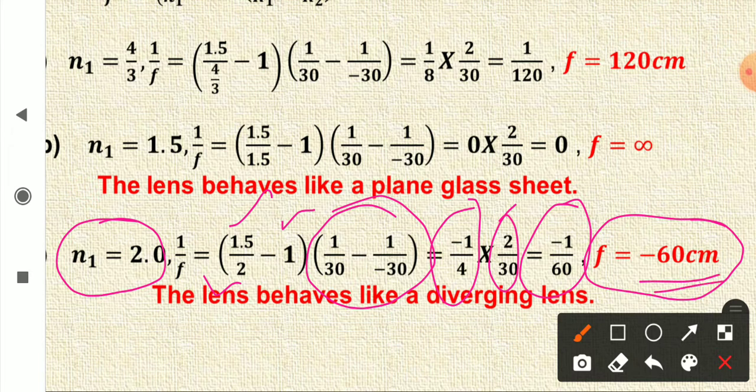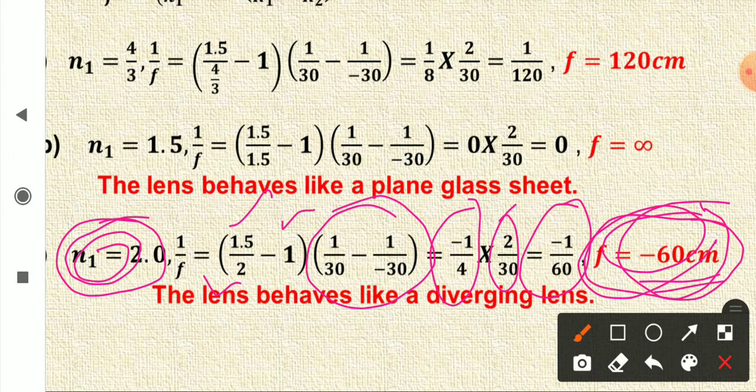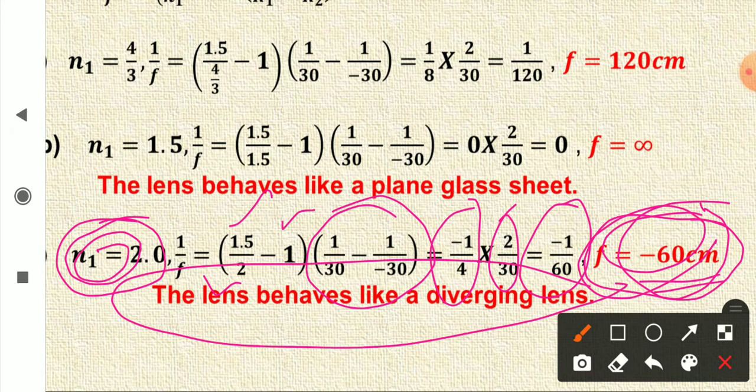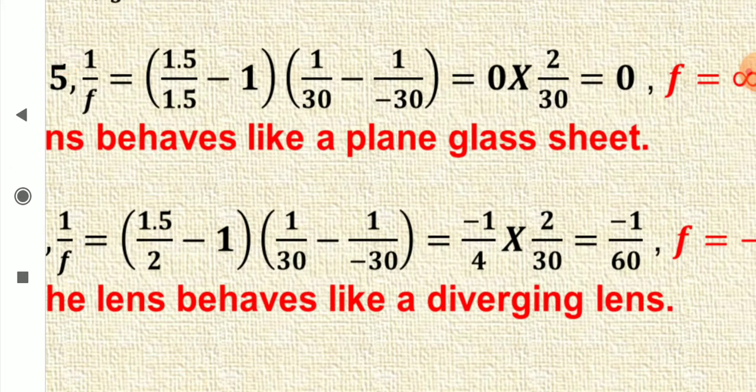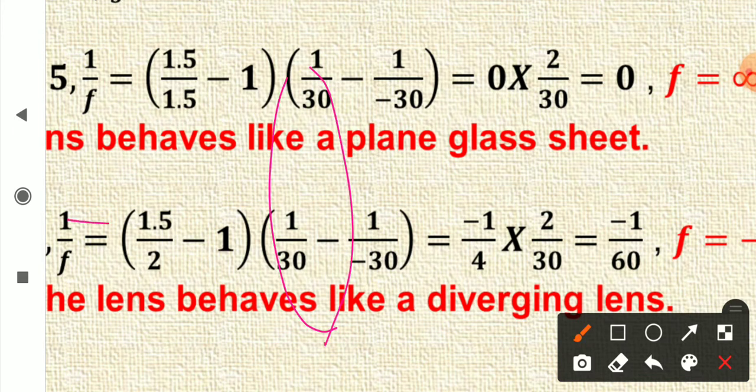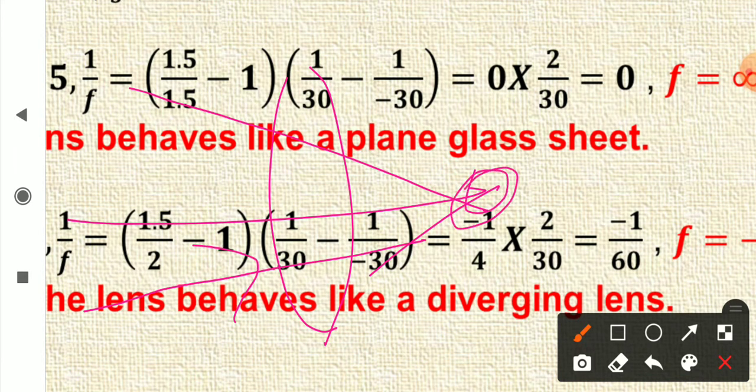Now the focal length has become negative. That means the nature of the lens has changed. So that means if the outside medium is denser, the nature of the lens changes, and the convex lens will behave like a diverging lens. You know that a convex lens is like a converging lens. Light coming to it converges at one point.